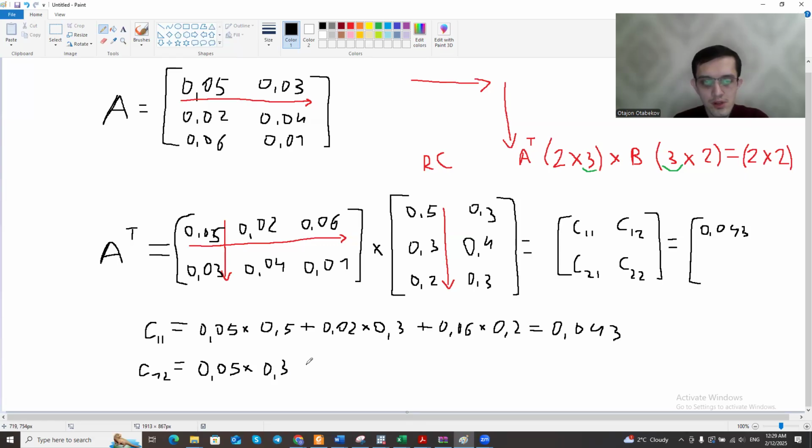Then plus second element, 0.02, multiplied by again second element of the second column of the matrix B, which is 0.4.